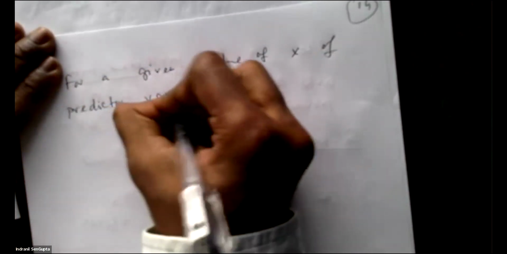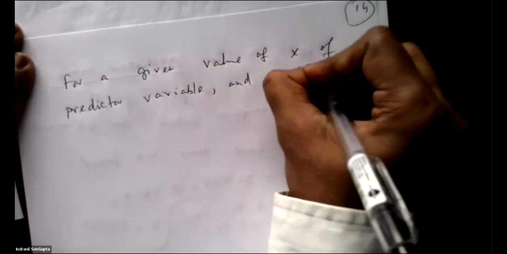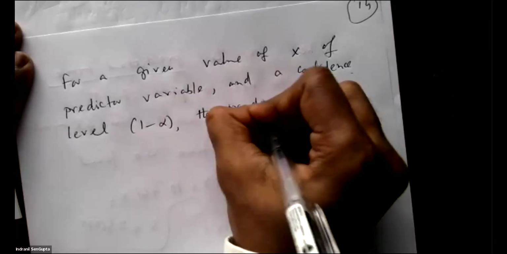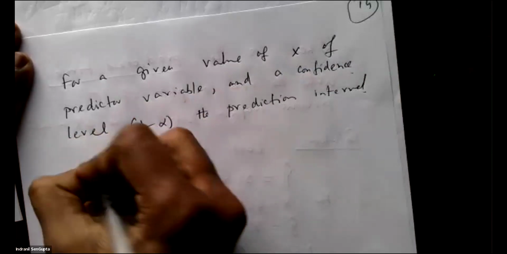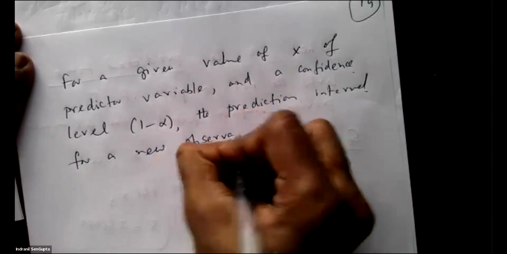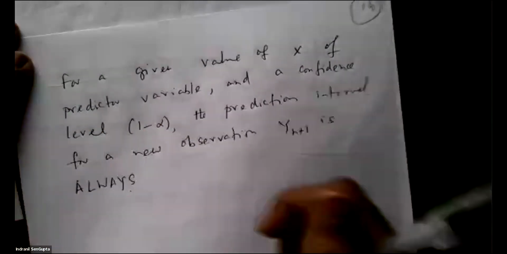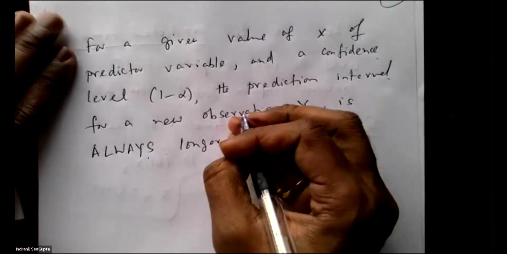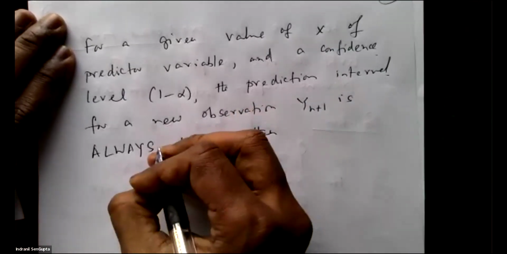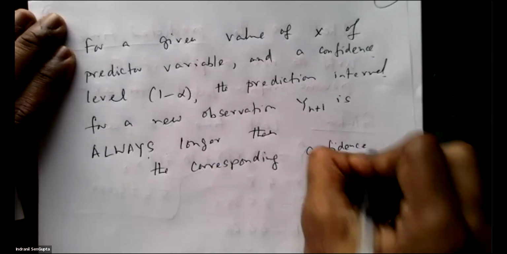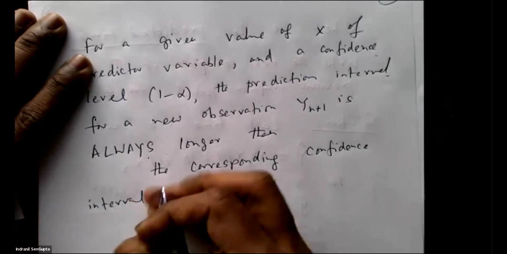For a given value of x of the predictor variable, and a confidence level 1 minus alpha, the prediction interval for a new observation y_{n+1} is always longer than the corresponding confidence interval for E of y.